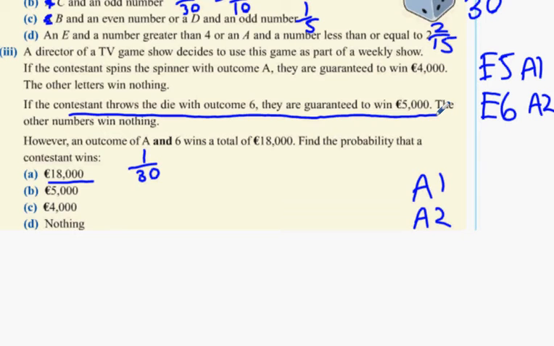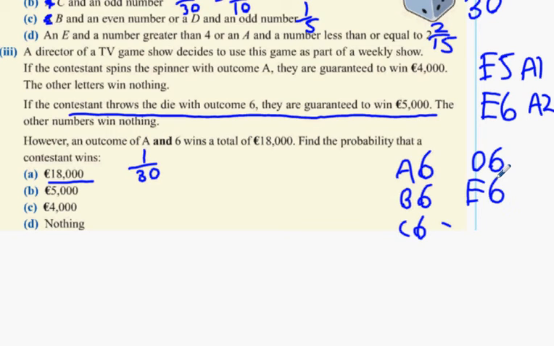So what we're saying here is A6, B6, C6, D6, E6. There's a problem with that one: it's 5, and one of them wins both.